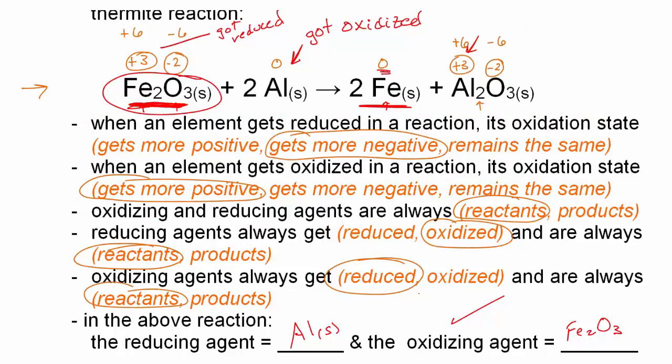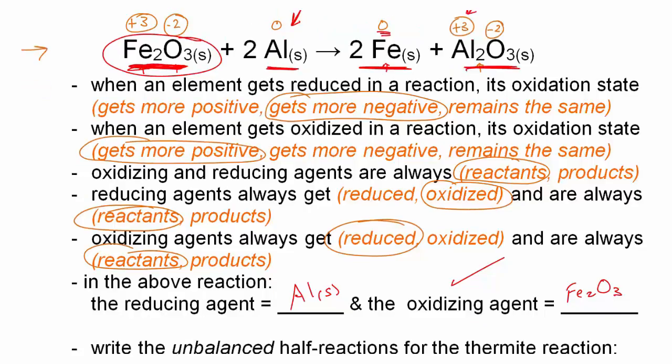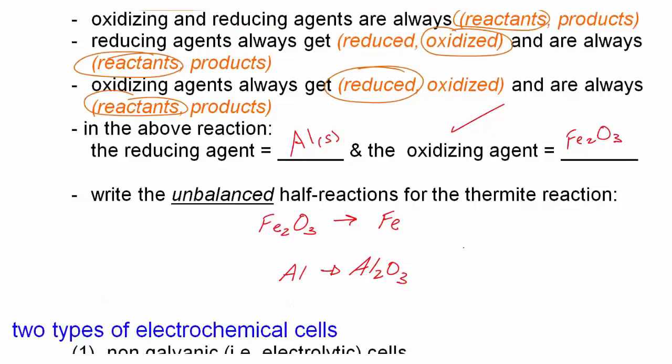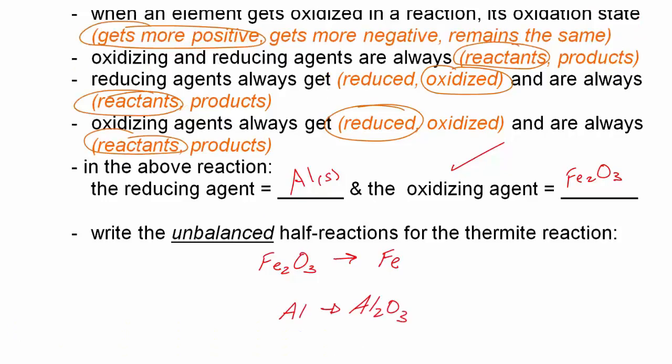In the other half reaction, we have aluminum going to Al2O3, aluminum oxide. Okay, so that's how you start with writing the half reactions, the unbalanced half reactions. Well, they want unbalanced. So those would be my unbalanced half reactions.